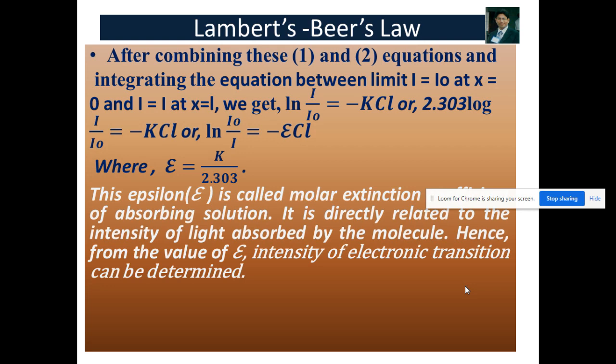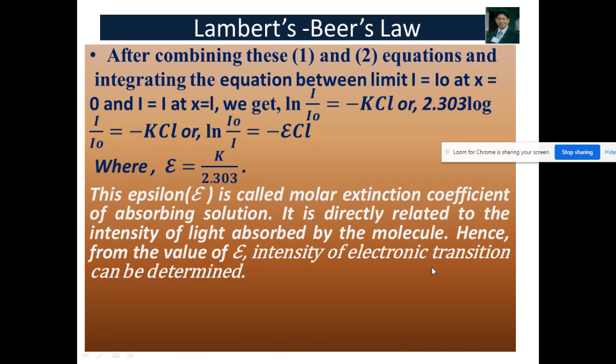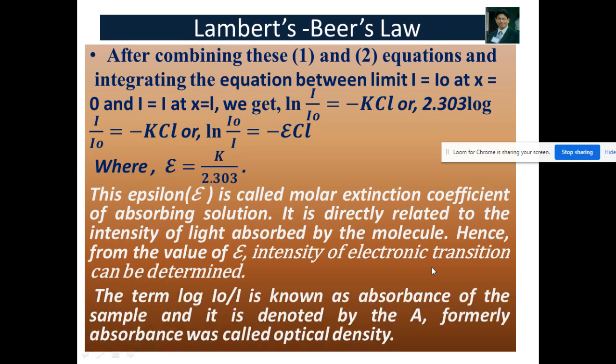This epsilon is called the molar extinction coefficient of the absorbing solution. It is directly related to the intensity of the light absorbed by the molecule. Hence, from the value of epsilon, the intensity of the electronic transition can be determined. The term log I0 by I is known as the absorbance of the sample, and it is denoted by A.